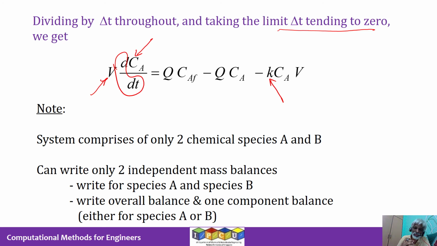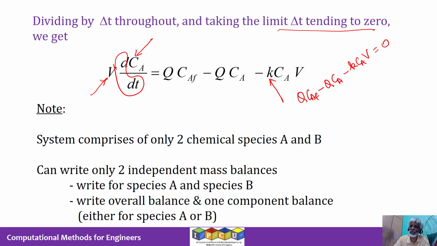That's a design problem. You'll be given Q, you'll be given K, the reaction rate constant, and if it is a first order reaction, at steady state you have QCAF minus QCA minus KCAV equal to 0.